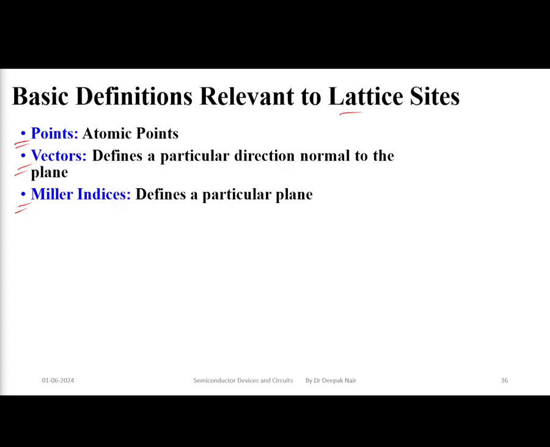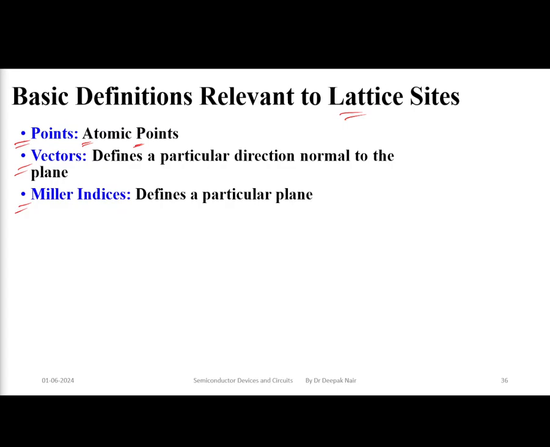Now, coming to the lattices, some of the important terms related to lattices are points, vectors, and Miller indices. Points, like in the unit cells, are the places where the atoms may be present, and therefore we may call them atomic points. These are the smallest unit in a lattice site.